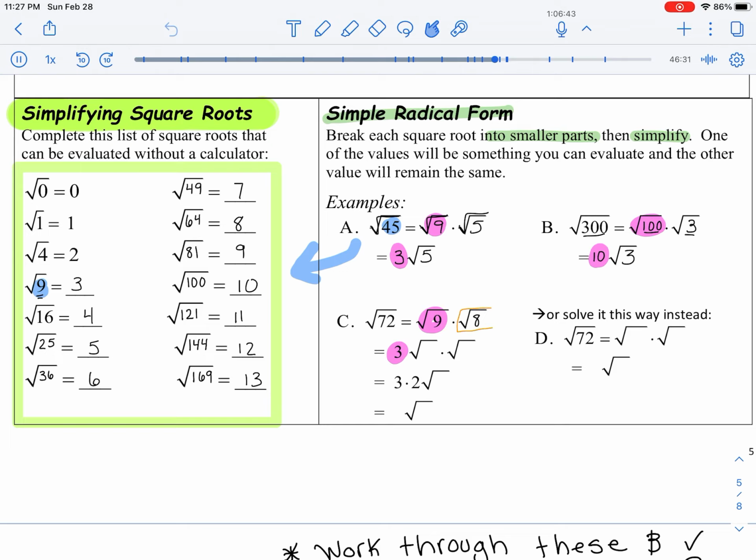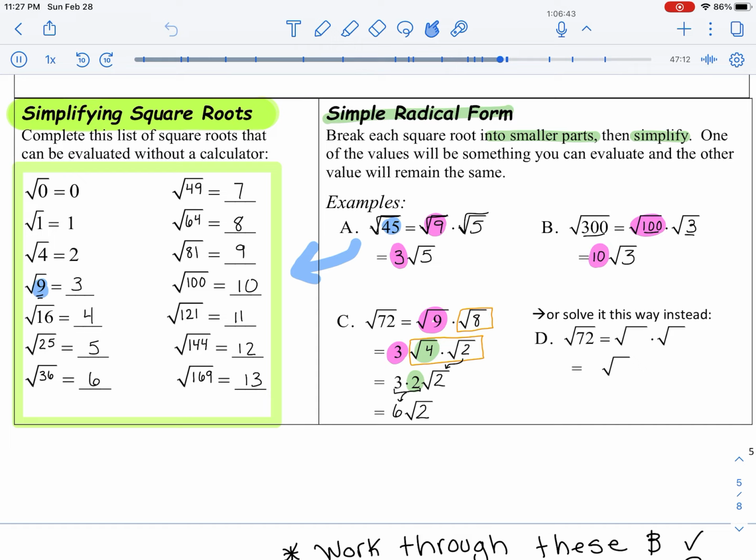But if I look at the square root of 8, I know that I can rewrite the square root of 8 as the square root of 4 times the square root of 2. And I want to make that simplification because the square root of 4 is the whole number 2. Now I can't simplify my square root of 2, so I bring that down. And then I simplify 3 times 2. That equals 6. So my answer is 6 root 2.